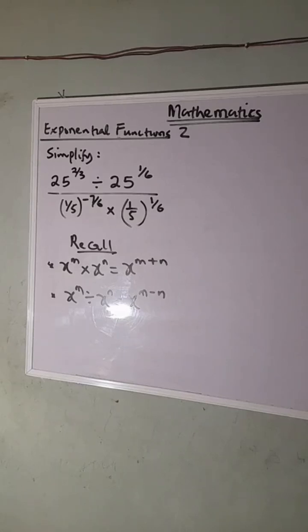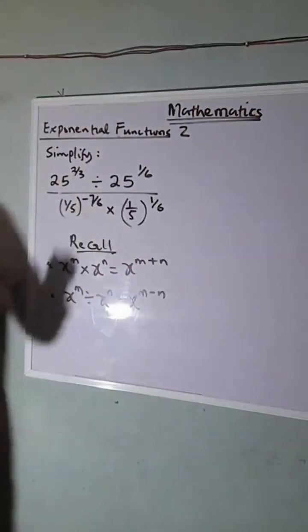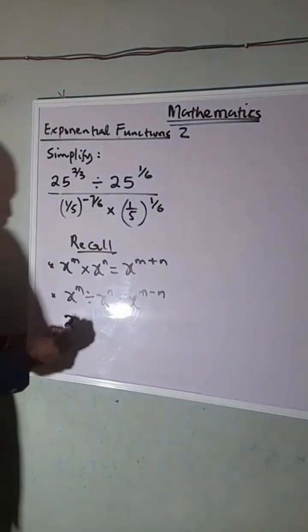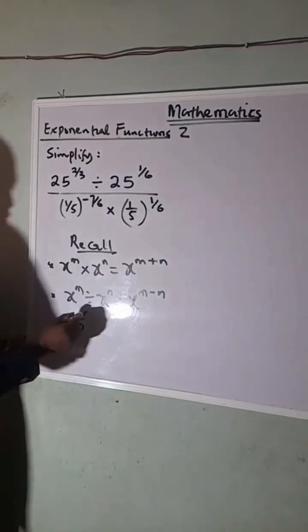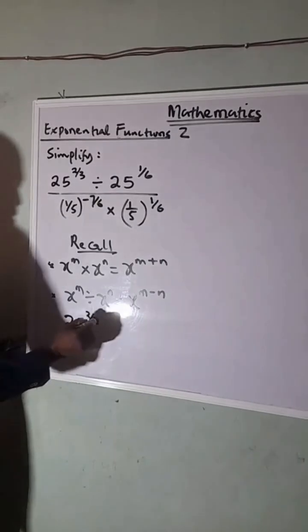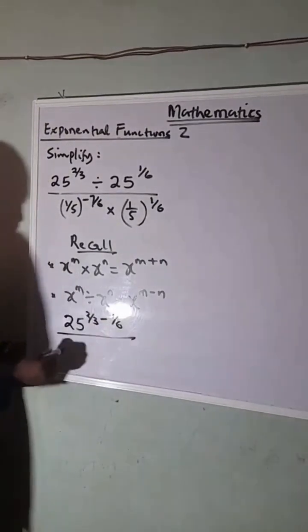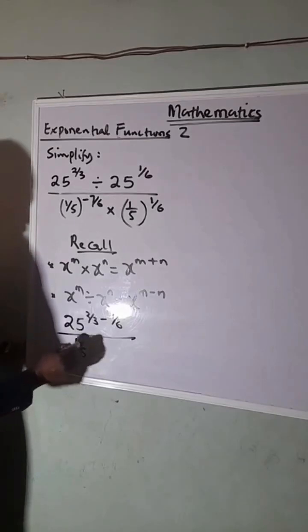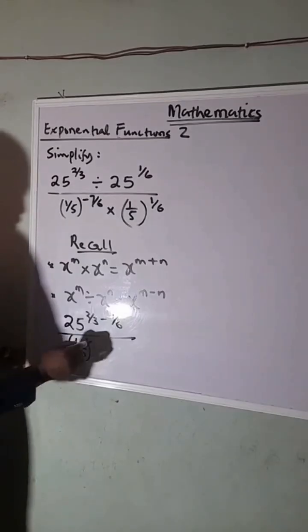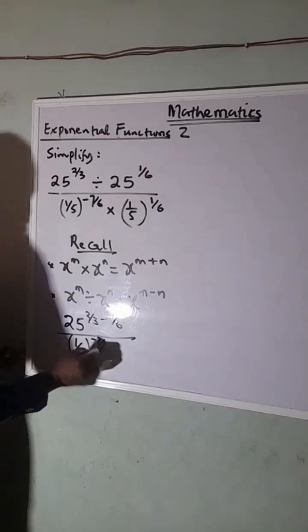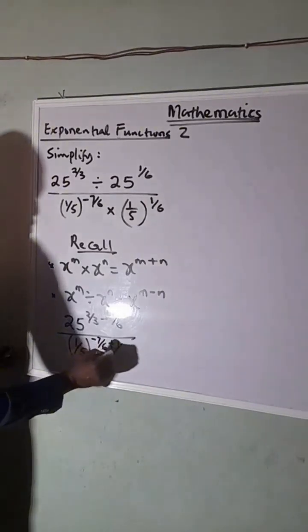Without wasting much of our time, 25 is the base, so write 25 raised to the power of 2 over 3 minus 1 over 6, all over 1 over 5, which is the base, raised to the power of minus 7 over 6 plus 1 over 6.